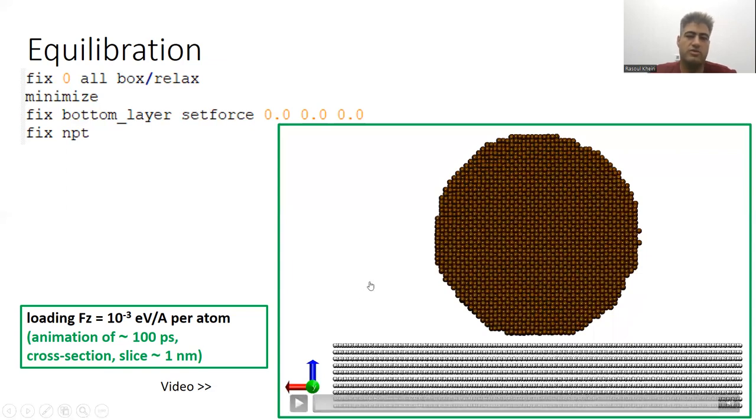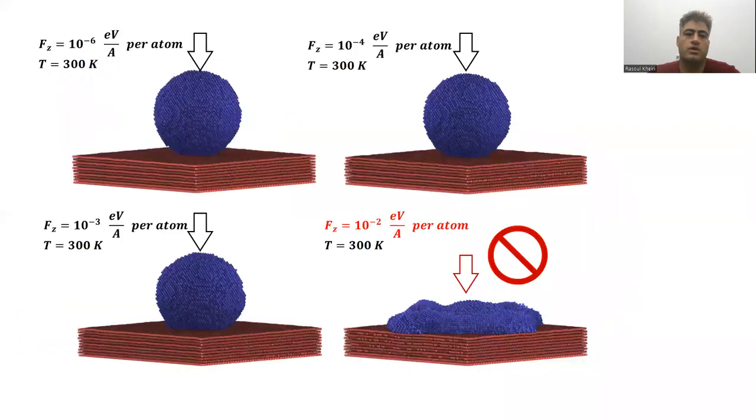The next step is performing molecular dynamic simulations. We noticed that the particle shouldn't be overloaded. We see that for some huge forces, the particle can be flattened against the surface, and it's not good because the spherical particle shape is lost.